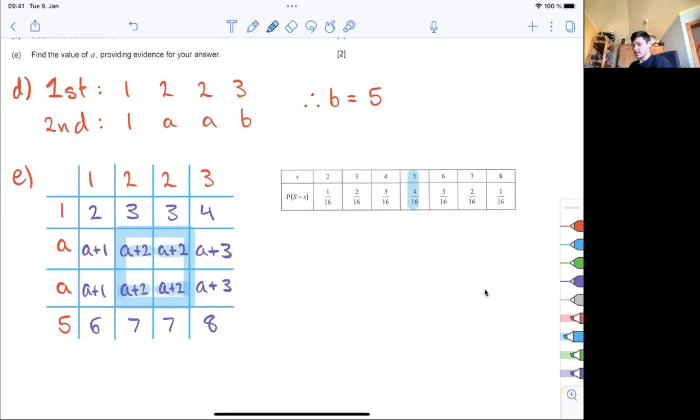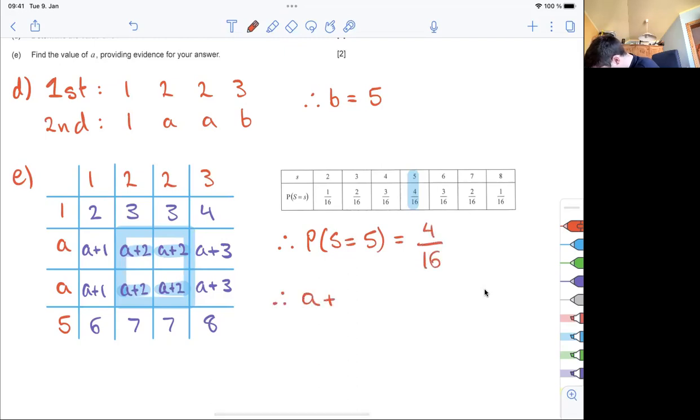So these terms here have to add up to 5, so if the probability that S is equal to 5 is equal to 4 over 16, therefore A plus 2 will have to equal 5, because that's the only one we have with 4 possibilities. And so then we can say, therefore, A is equal to 3. And that is the answer to part E.